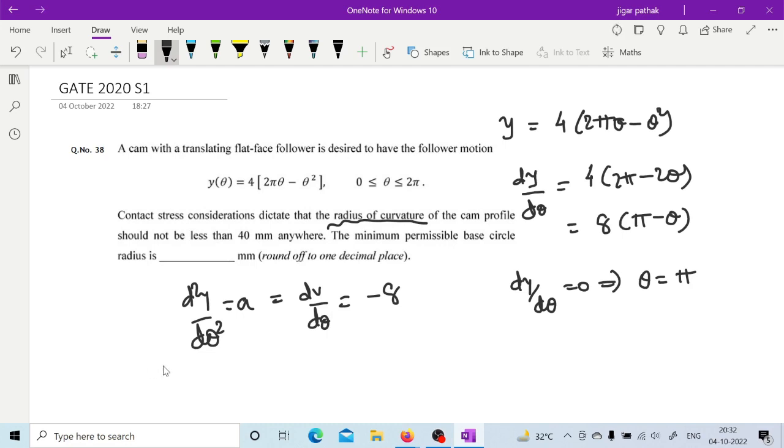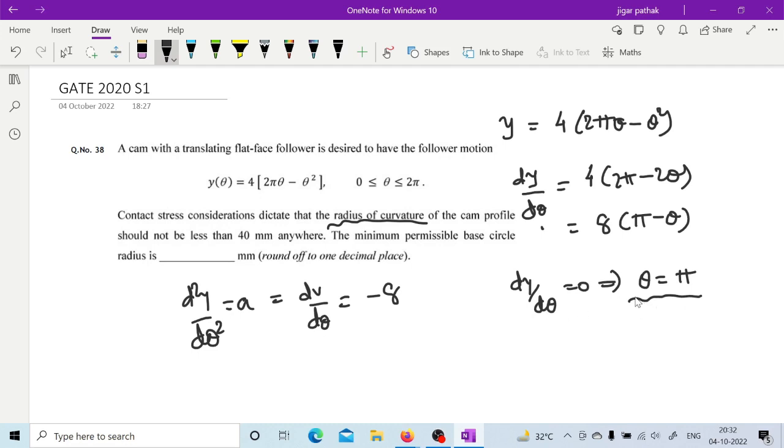Now in order to go for the minimum value of your base radius, what is given in this problem statement is your. Sir, sorry for interrupting. How would dv by d theta be minus 8? Because pi minus theta would be 0, sir. No, that is for a particular case. Pi minus theta is not 0.